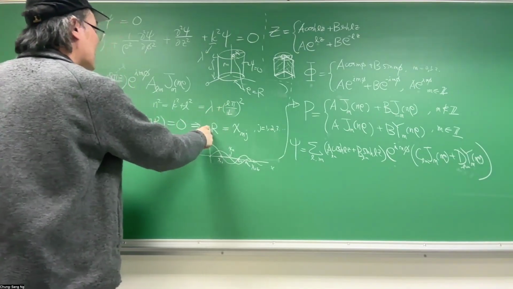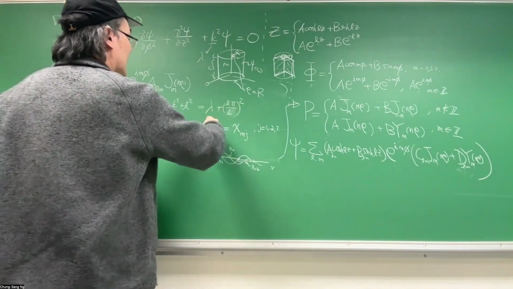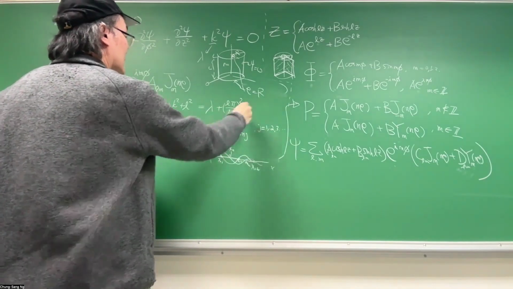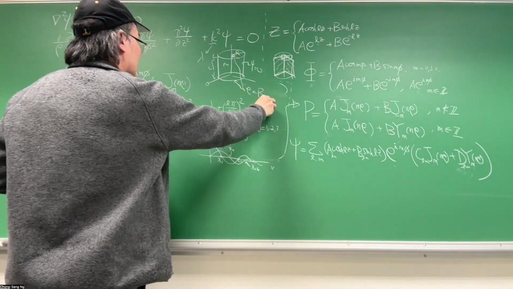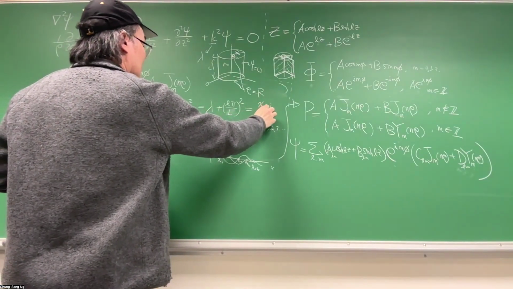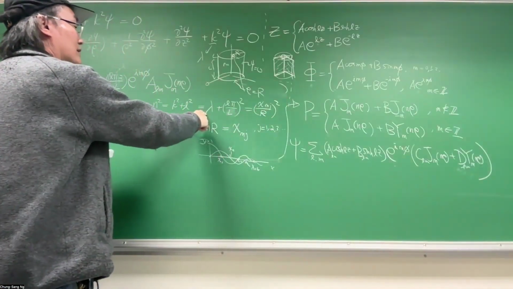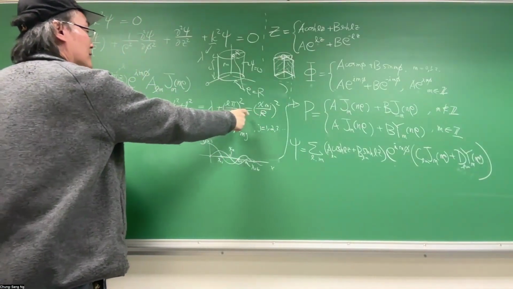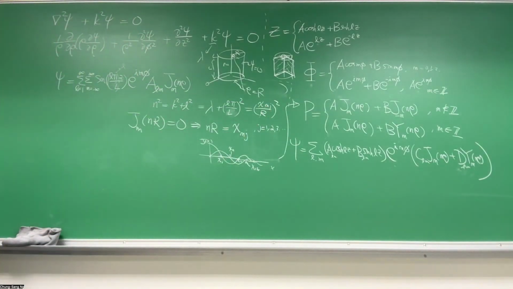Right? So you require that to be a 0, and n is given by that. So n squared equals x m j over R squared. Okay, so lambda equals this minus that, so it depends on m, l, and j, right?